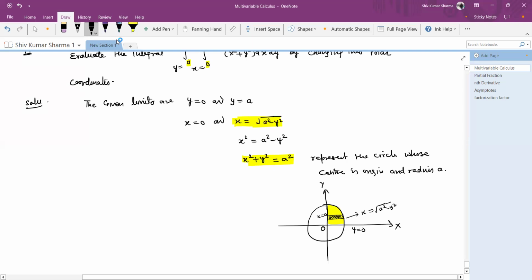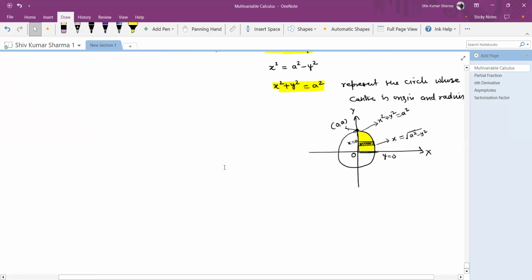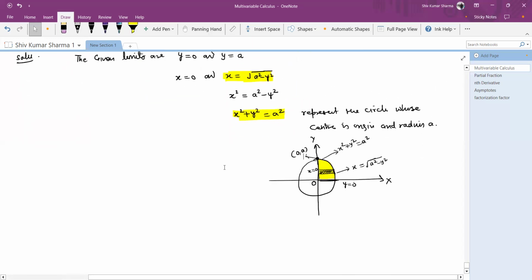So one boundary gives x equal to 0 and the other boundary gives x equal to root a square minus y square, since x square plus y square equal to a square. Here we have y equal to 0, and the ordinate will be 0 comma a. So this is for the Cartesian form, the xy plane.